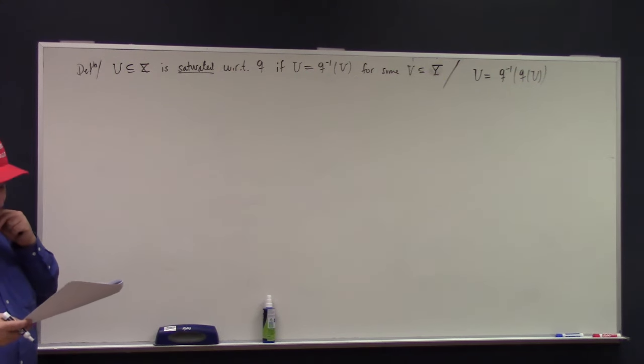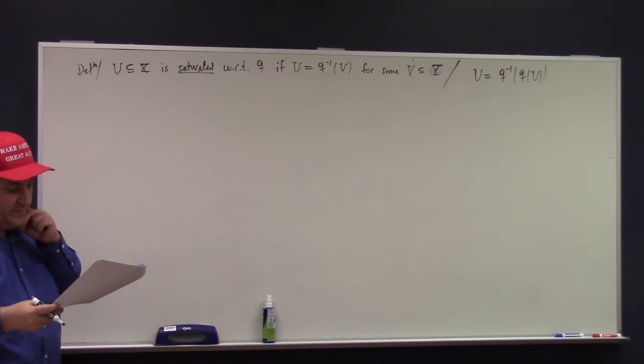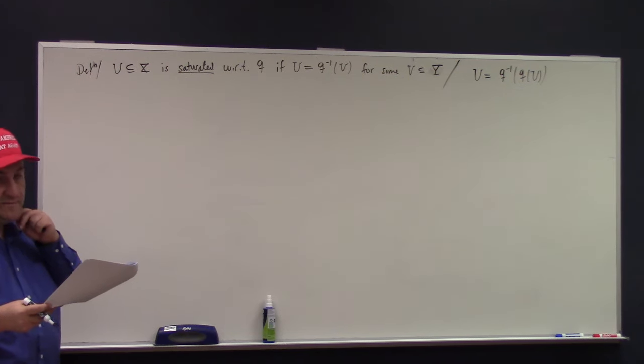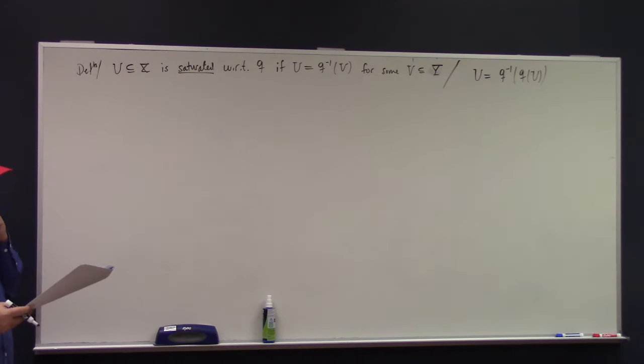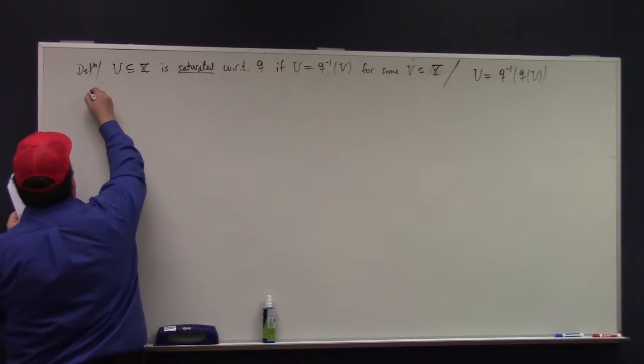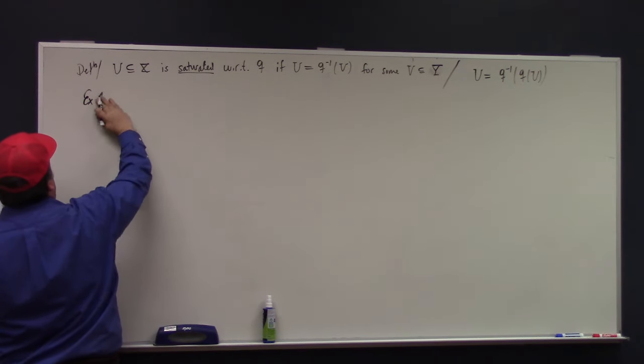Well, yeah, think about that. Part C, U is a union of fibers. And part D, let me just put down part D, exercise 3.59.